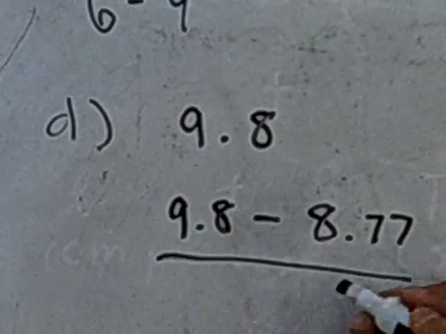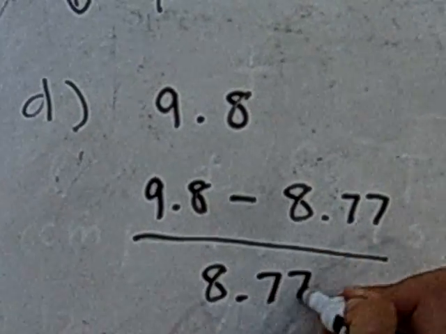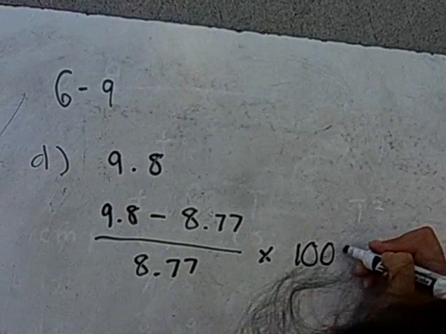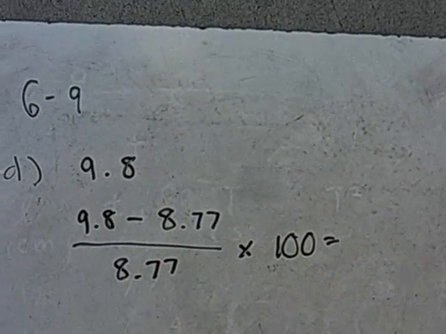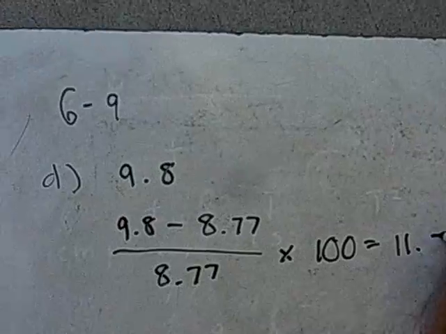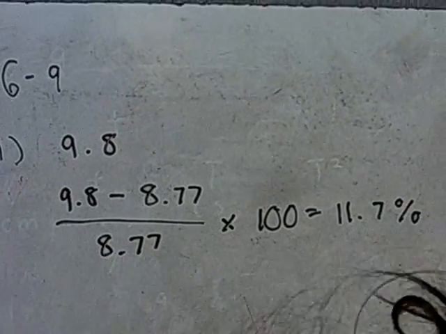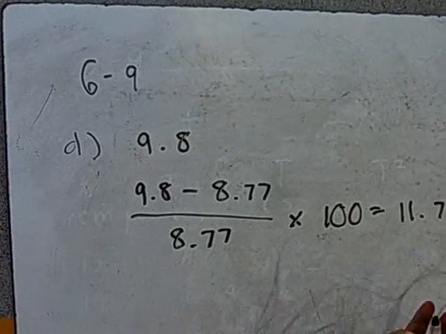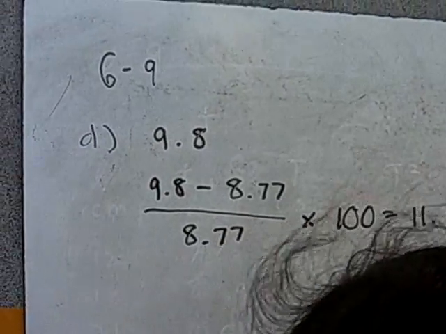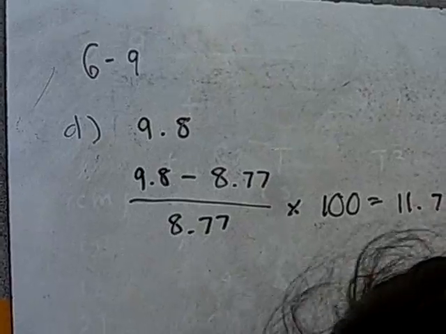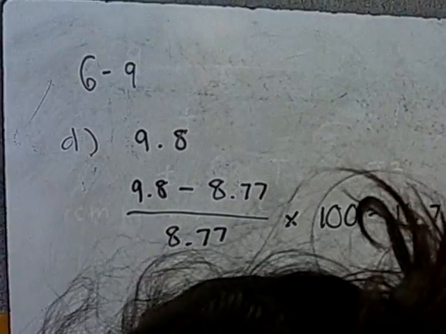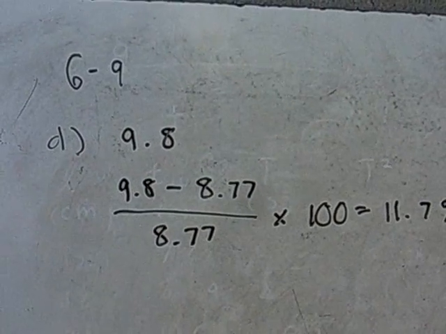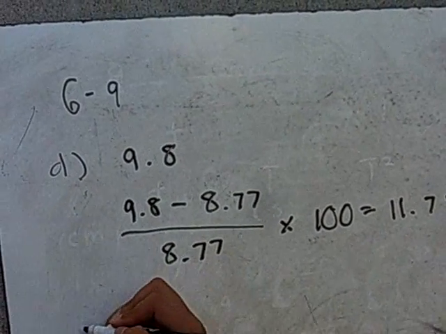And then you're going to divide that by your experimental number, 8.77 times 100, because that will give you the percent. This should approximately come out to be probably 11.7%. But then again, that's all just approximation, so as long as it's around this value. And 11.7 is greater than 4%. So it's not a really acceptable value, but then again, that's what the answer is supposed to be like.